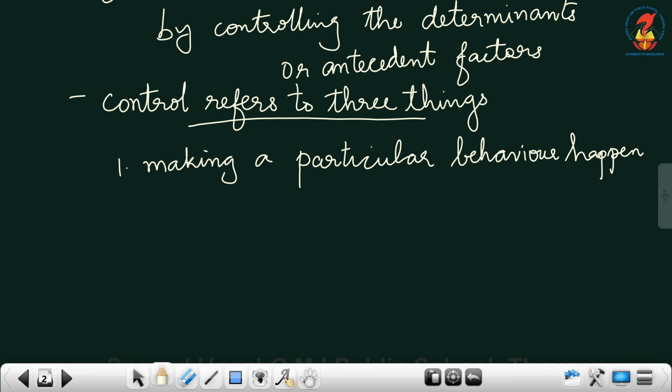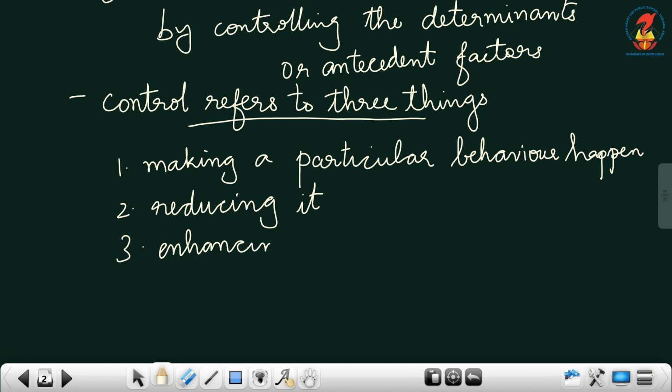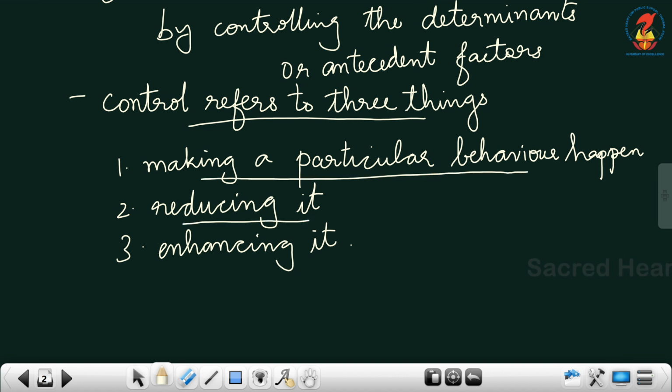Then the second one, reducing it. And then the third one, enhancing it. So controlling refers to three things: making a particular behavior happen, reducing it, and enhancing it.